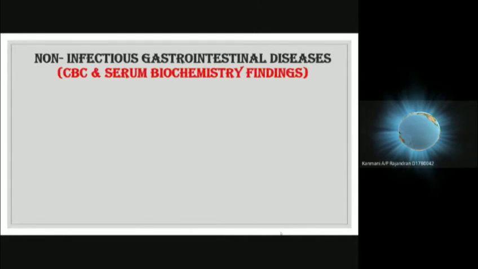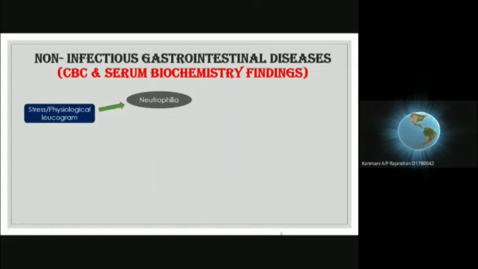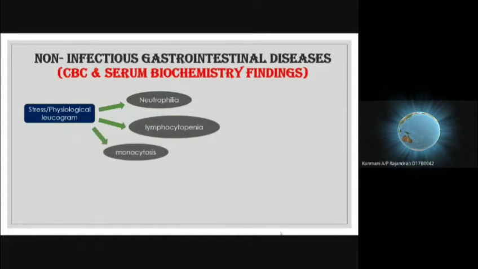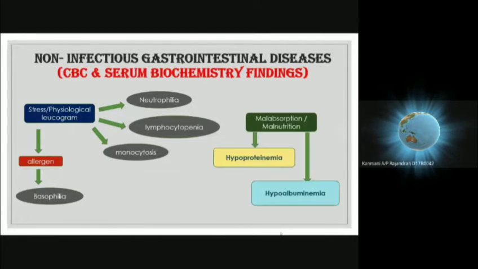While for the non-infectious gastrointestinal diseases, the CBC and serum biochemistry findings will be as follows. There will be a stress or physiological leukogram with neutrophilia, lymphocytopenia, and monocytosis. In the case of food allergic problems, there will be basophilia.